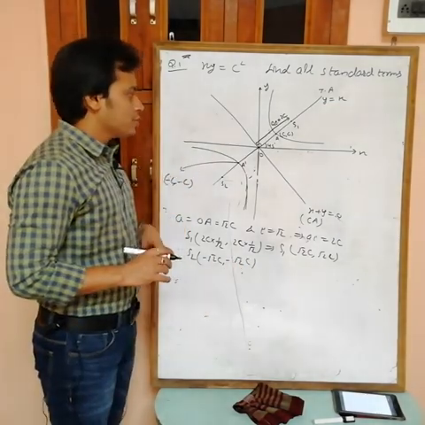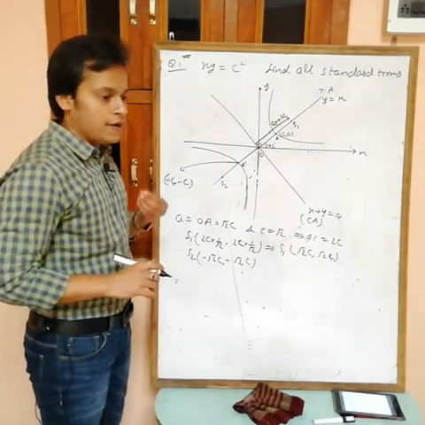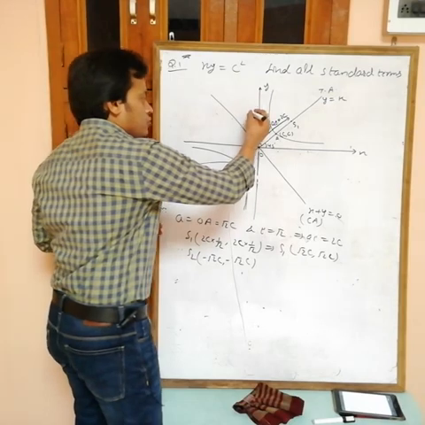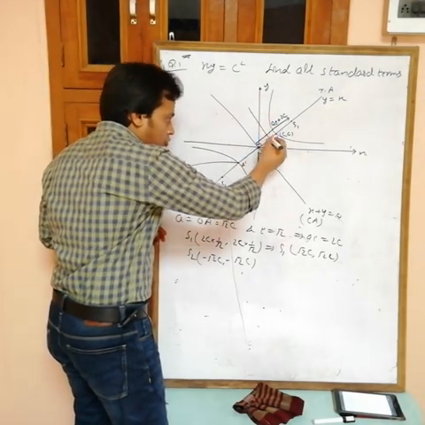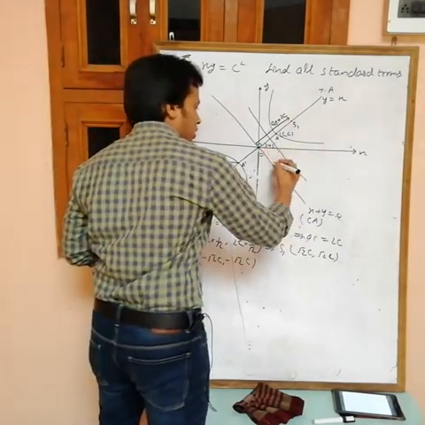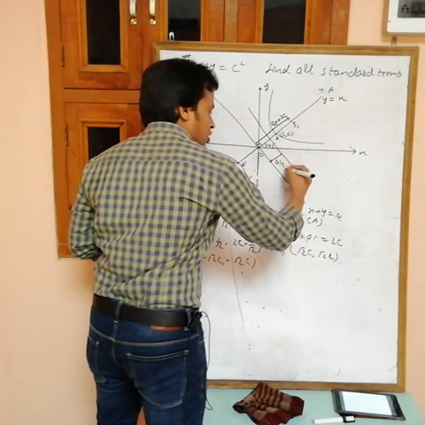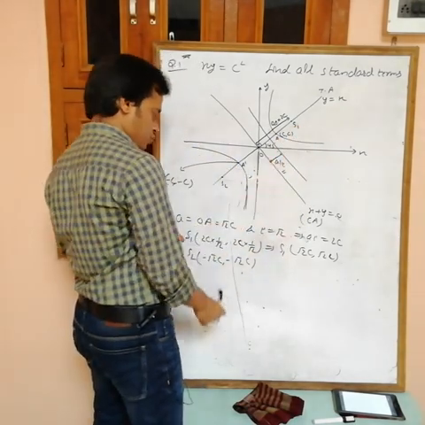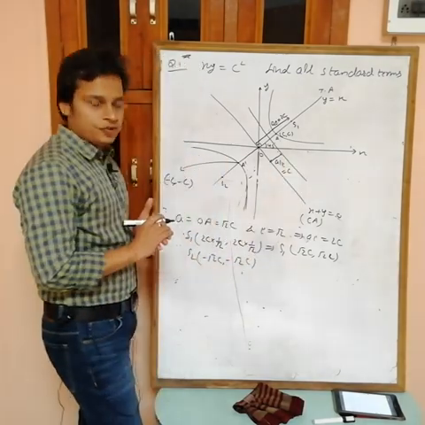Now next thing, suppose you want the equation of the directrix. So the directrix is parallel to the conjugate axis, and the distance of the directrix from the center is a by e, and this a by e is equal to c.